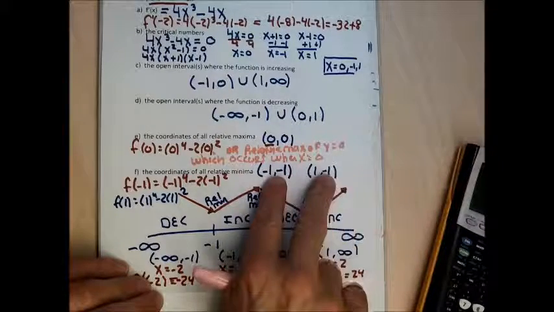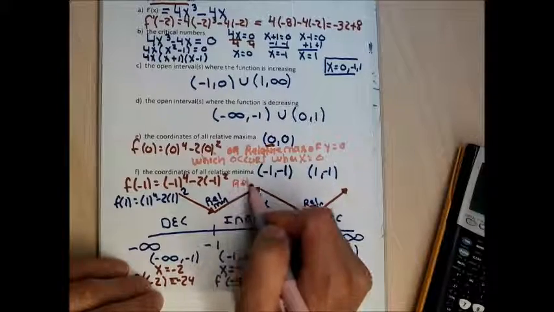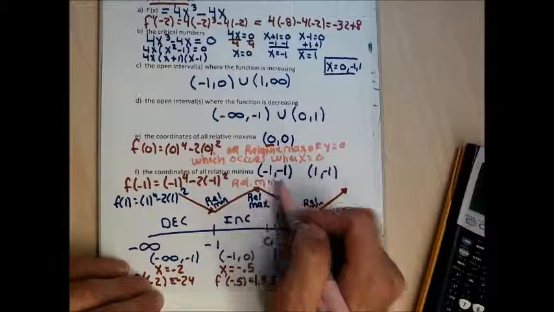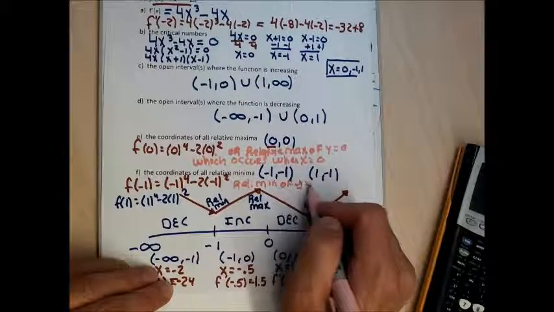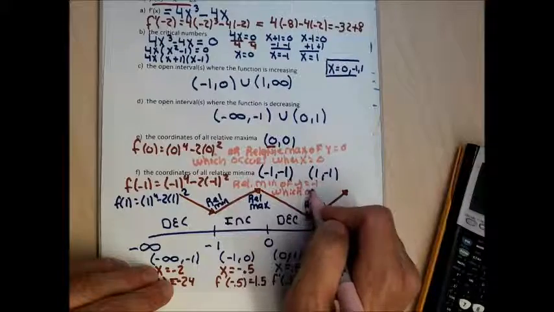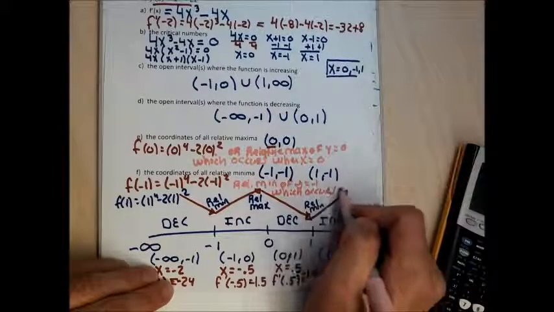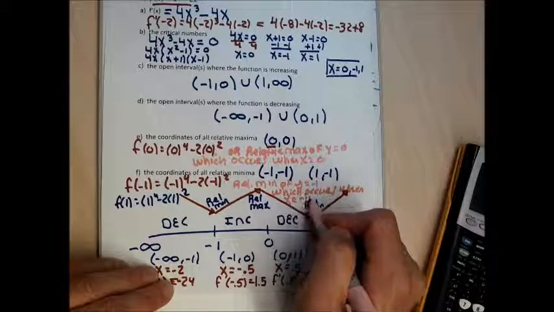And similarly for this minimum, you can also say there's a relative minimum, I'm running out of room so I'm going to abbreviate, of the y-coordinate of those points, which occurs when x equal to negative 1 and positive 1.